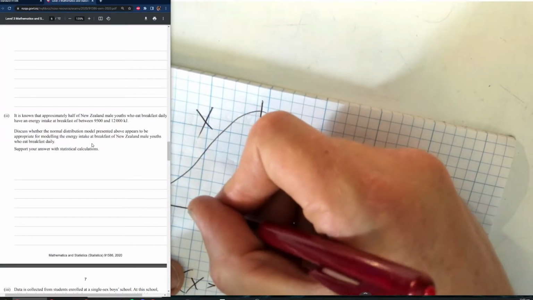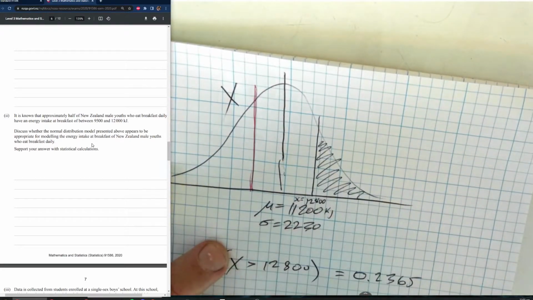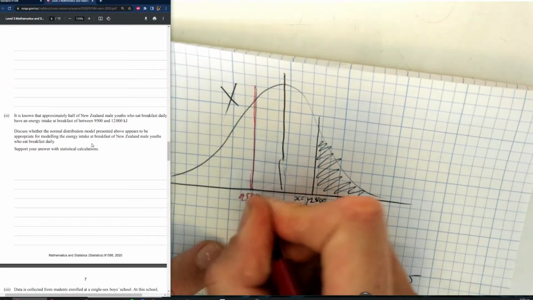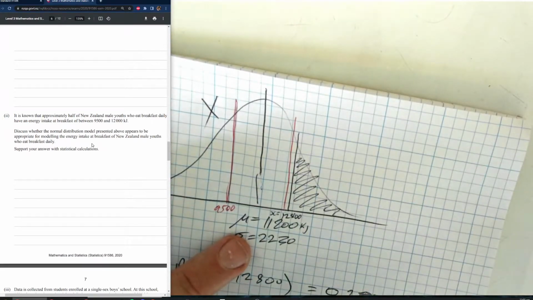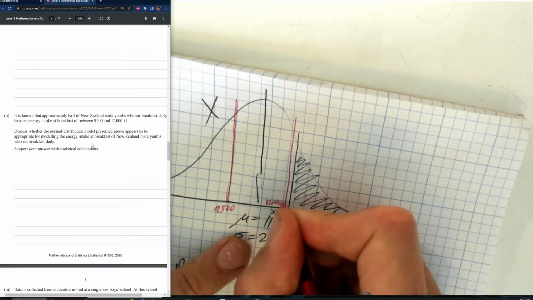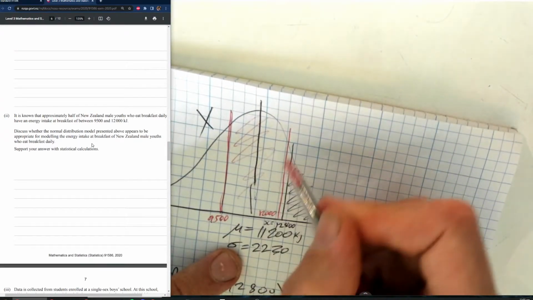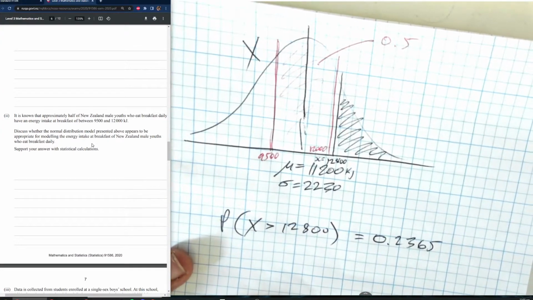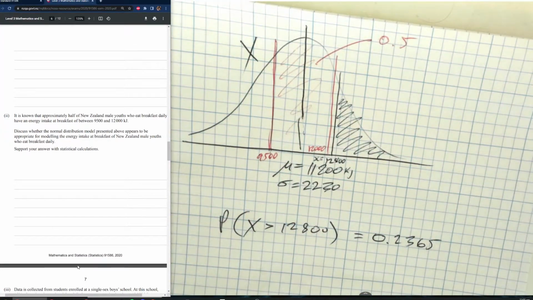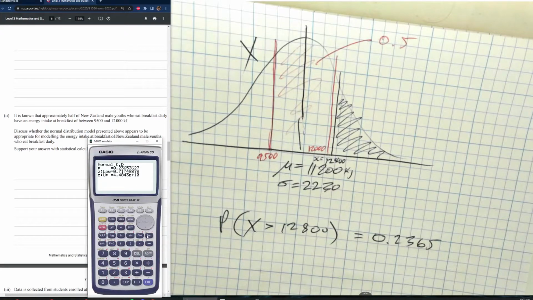So they reckon that between two values, I'm just going to do it in red, 9,500 up until, what number was that? 12,000. I'm just going to put it down here. They reckon that that is known to be 0.5. So I think they want us to test that. So let's have a look.